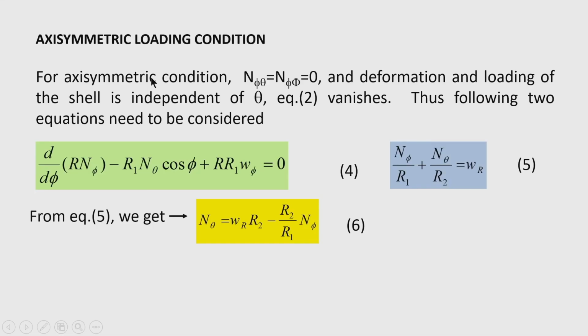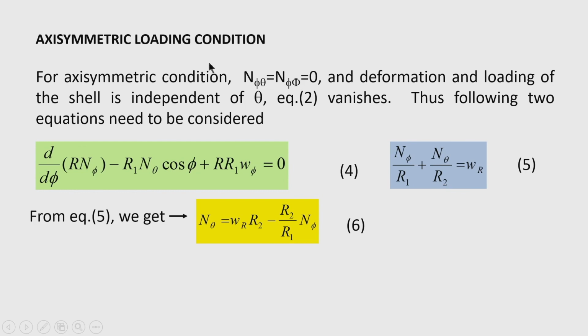In addition to that, there may be some snow load also, but that snow load is also taken as a symmetrical load distribution. So, therefore, the axisymmetrical condition of the surface of revolution is the most common case, and the design should take into account the axisymmetrical condition.